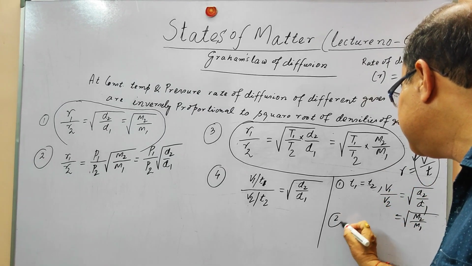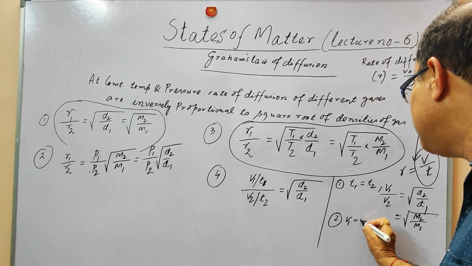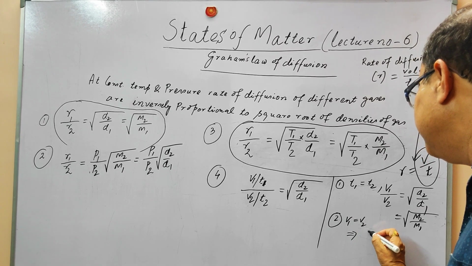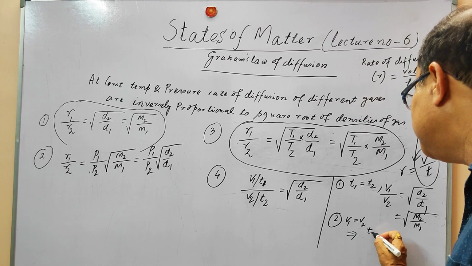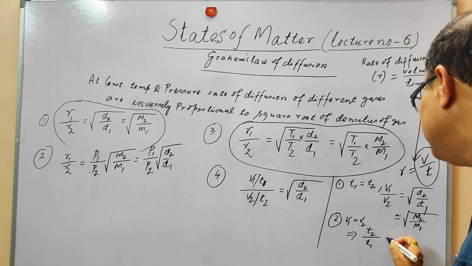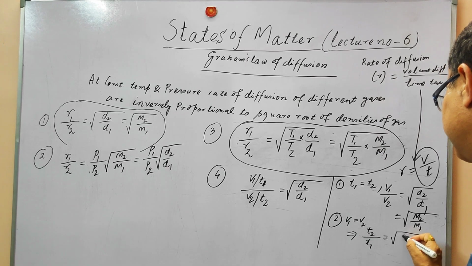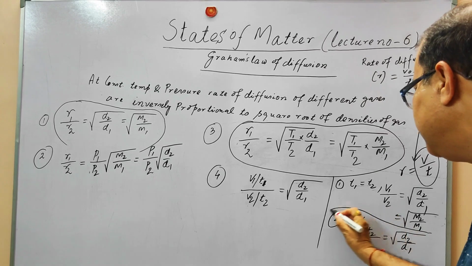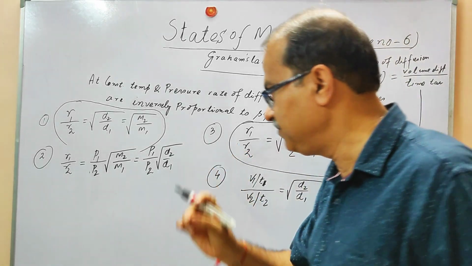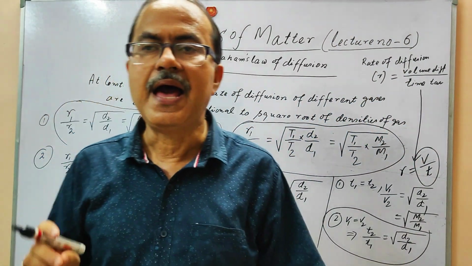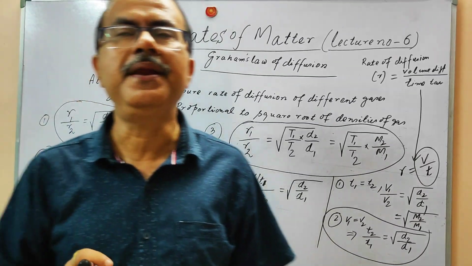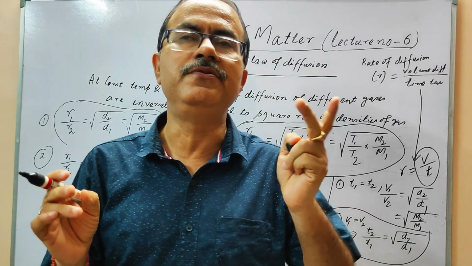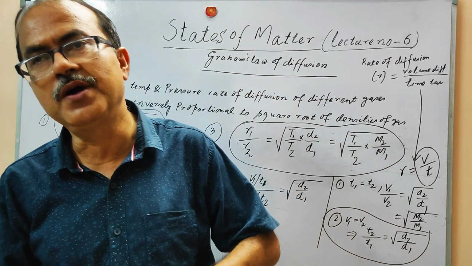And the second relation is when V1 is equal to V2. At that time, what about the time? T2 by T1 will be directly proportional to their density, and it is also logical. When the volume diffused is the same, the time taken to diffuse that volume will depend on the molecular mass.